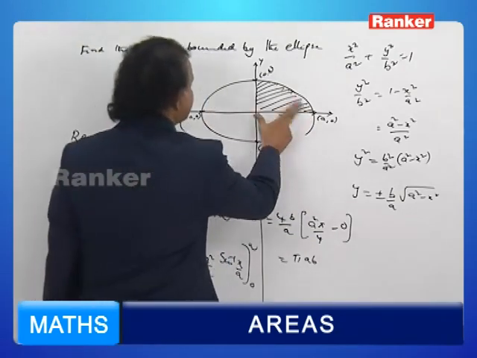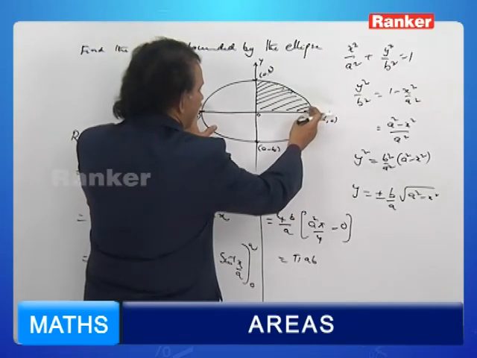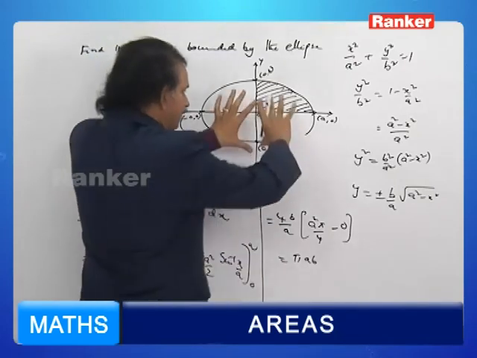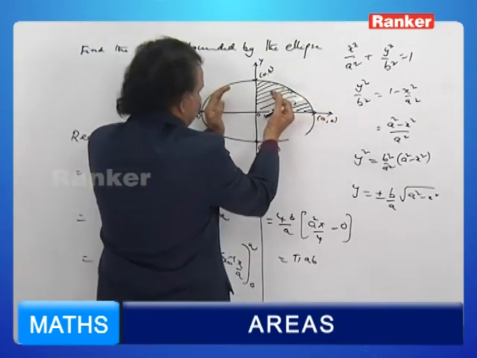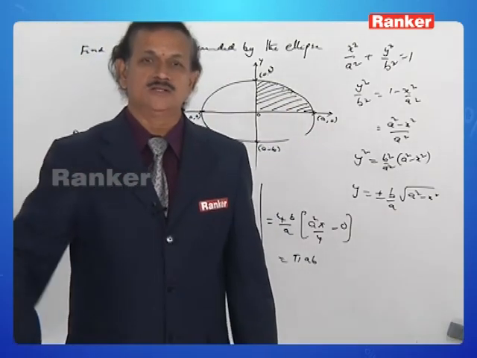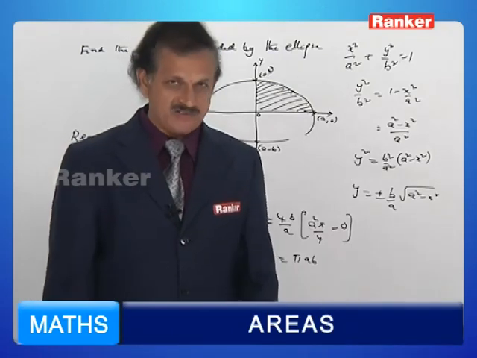This length is a, this length is b. If you adjust a and b so that they become equal, then this shape will be contracted like this to form a circle. What I mean to say is an ellipse in which a is equal to b becomes a circle of radius a.